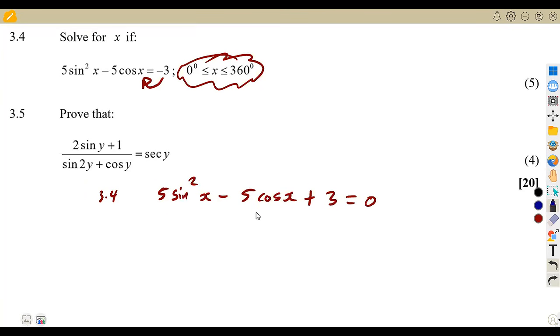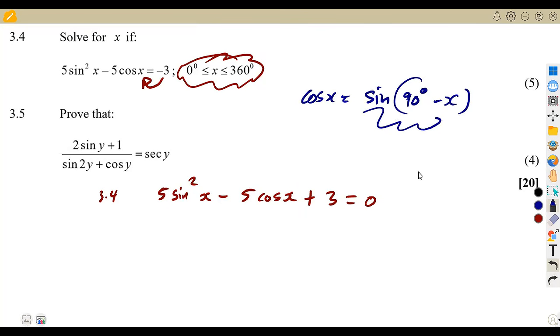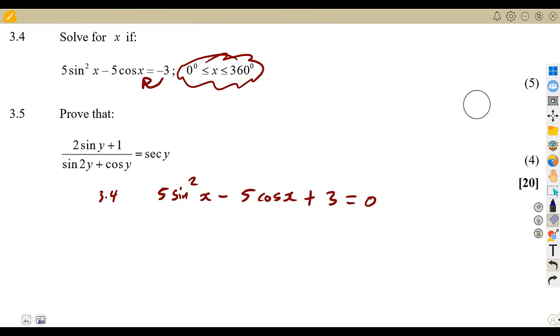And it is difficult for us to change this cos to a sine because the only thing that we know is that the cosine of x is equal to the sine of 90 degrees minus x. So meaning to say we are working with something complicated. This is not sine x, this is sine 90 minus x. So as we can see, it's difficult for us to work from a cos, but it's easier for us to play around with this sine squared x to be changed to have a cos.